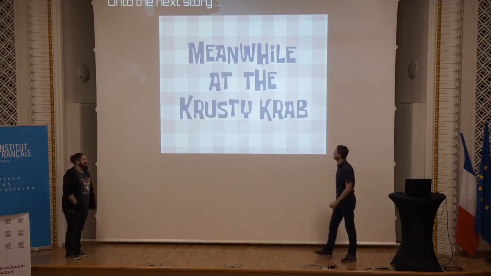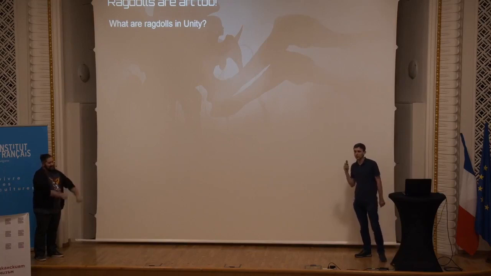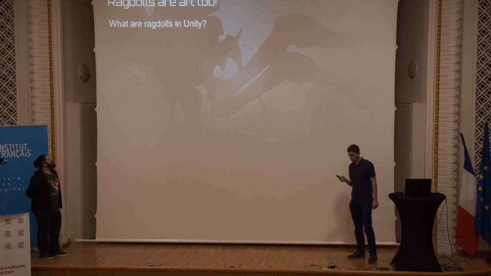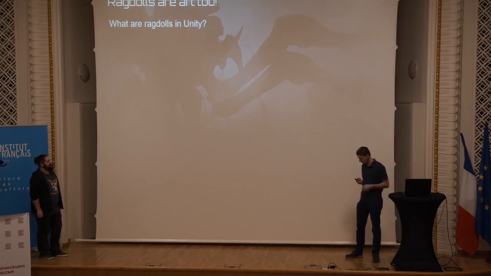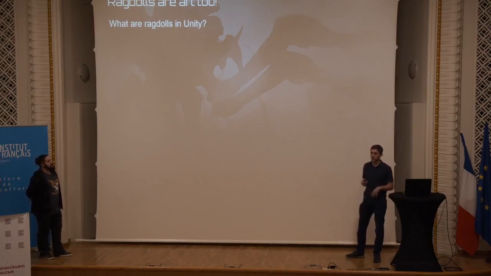Okay. So, I don't know if you knew, but ragdolls are hard. In Unity, there is no concept of a ragdoll as a whole. You use generic components that you attach to the rig bones that do the job for you.